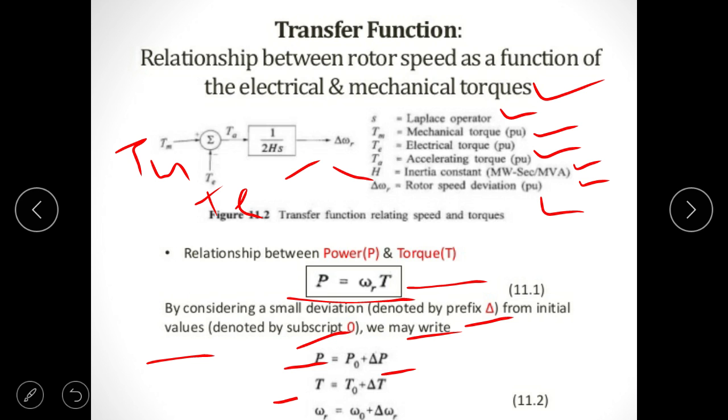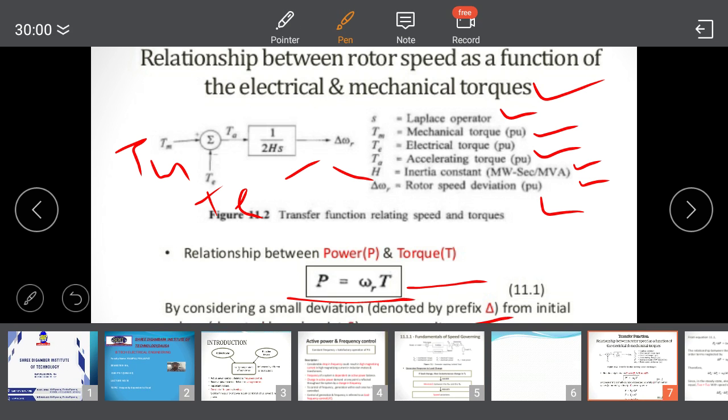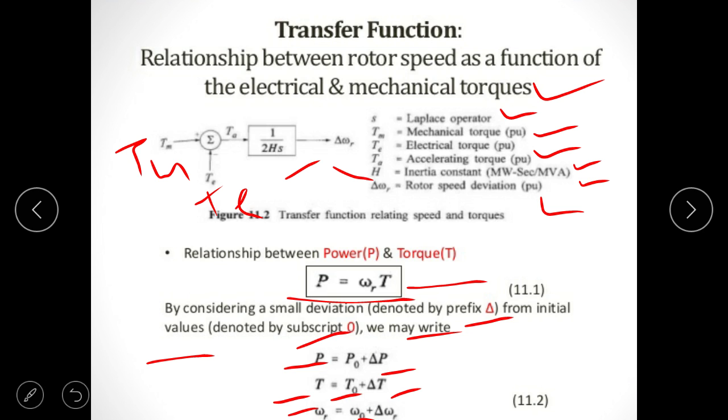Similarly, T is torque, T0 is initial torque, and delta T is variation in torque. Omega R is angular frequency of the rotor, omega 0 is initial frequency, and delta omega R is change in frequency.